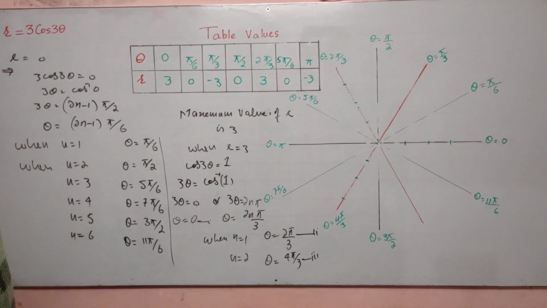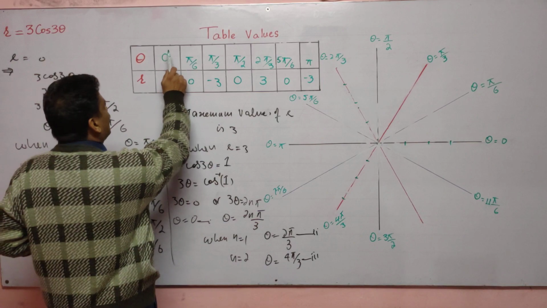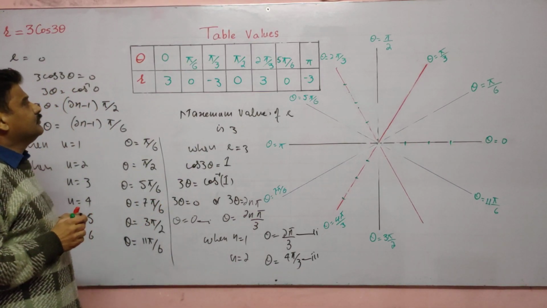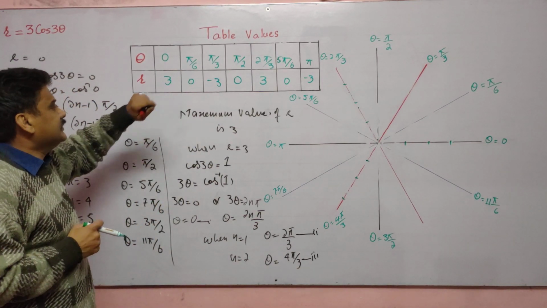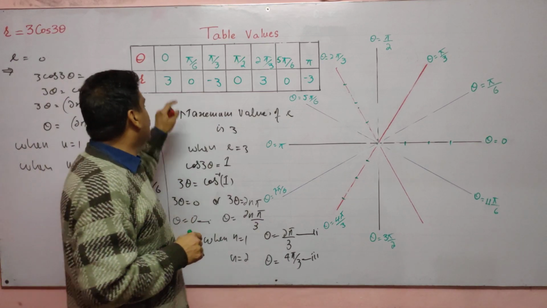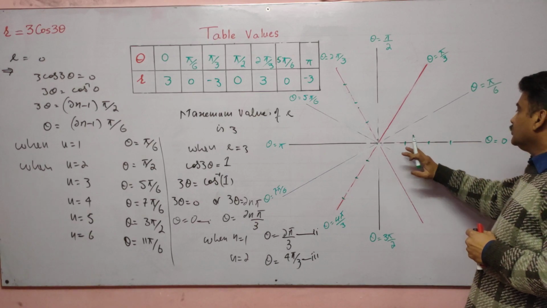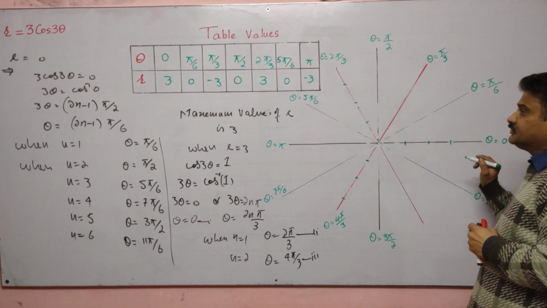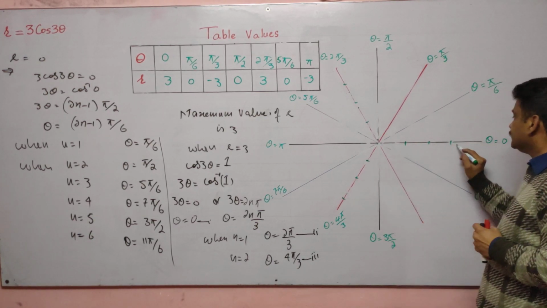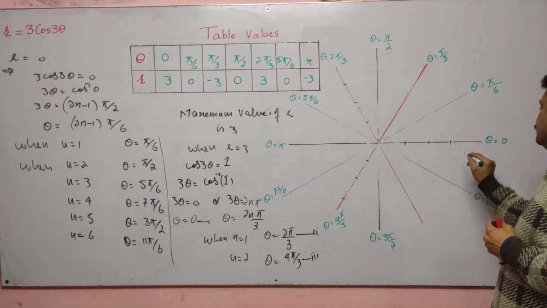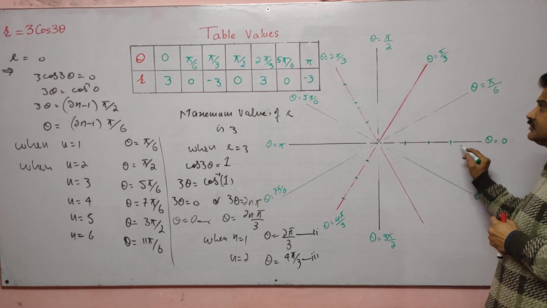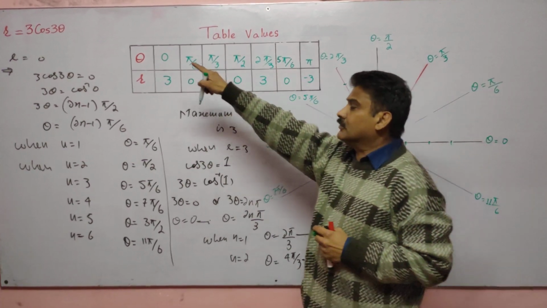You know, when theta is equal to 0, the maximum value of r is 3. On the line theta is 0, which is this line, we take r as 1, 2 and 3. This is the point (3, 0), which lies on the three-loop curve.